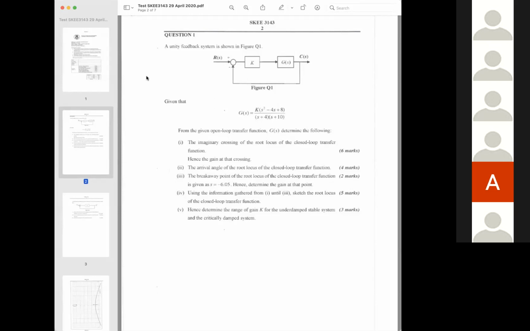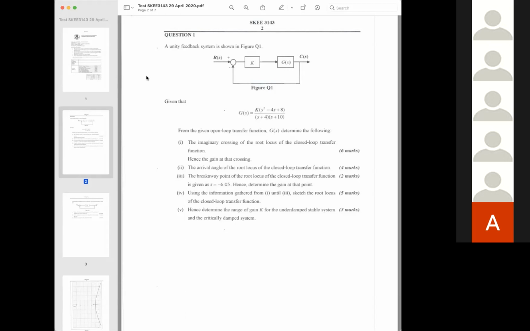The imaginary crossing of the root locus of the closed loop transfer function, hence the gain at the crossing. 2. The arrival angle of the root locus of the closed loop transfer function. 3. The breakaway point of the root locus of the closed loop transfer function is given as s equals negative 6.05, hence determine the gain at that point.